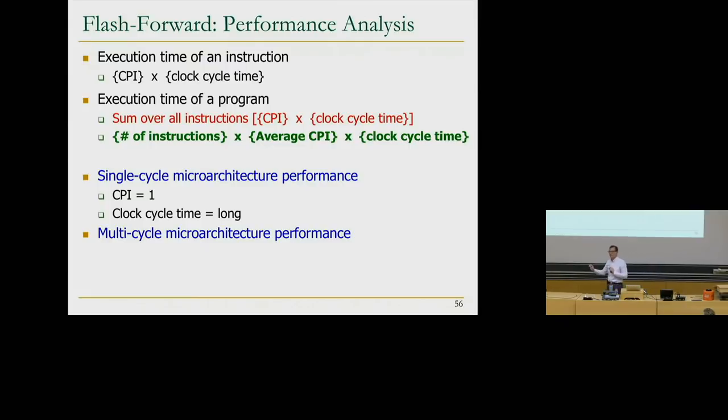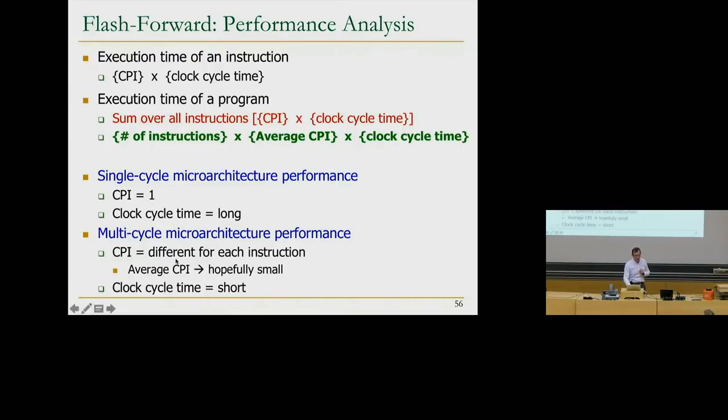But the clock cycle time is long, meaning that you actually need to ensure that the clock cycle time is long enough to execute the longest possible instruction. Multi-cycle microarchitecture, on the other hand, cycles per instruction is different for each instruction, and you can make the clock cycle time short because you're designing how long it takes to execute each stage, right?